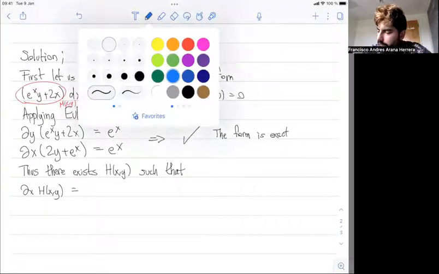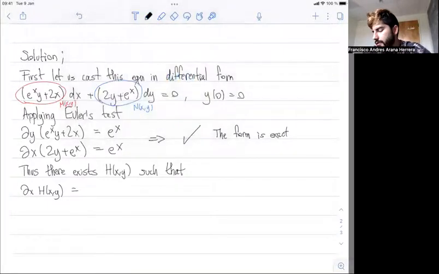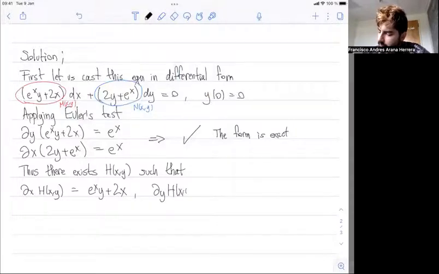So if there is an integral, what the definition says is that the partial of that integral with respect to x should be M of xy, so it should be e to the xy plus 2x. And at the same time, the partial with respect to y should be equal to N of xy, so equal to 2y plus e to the x.